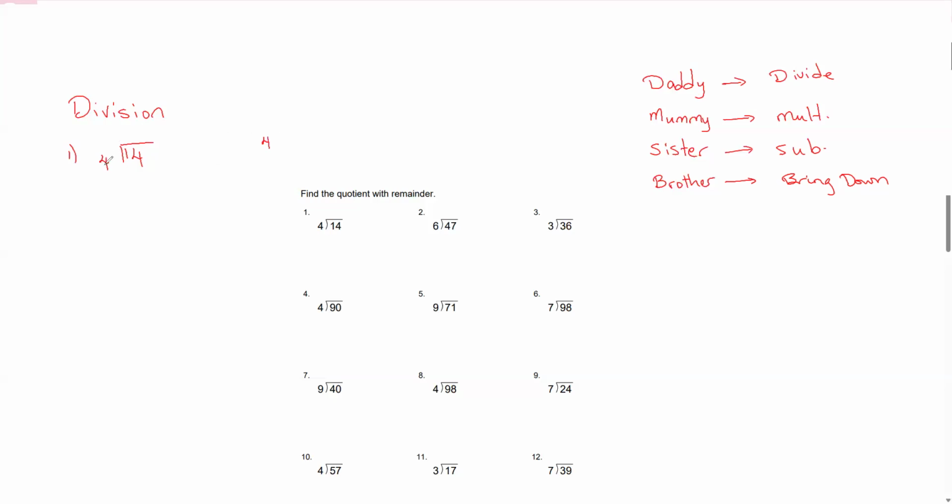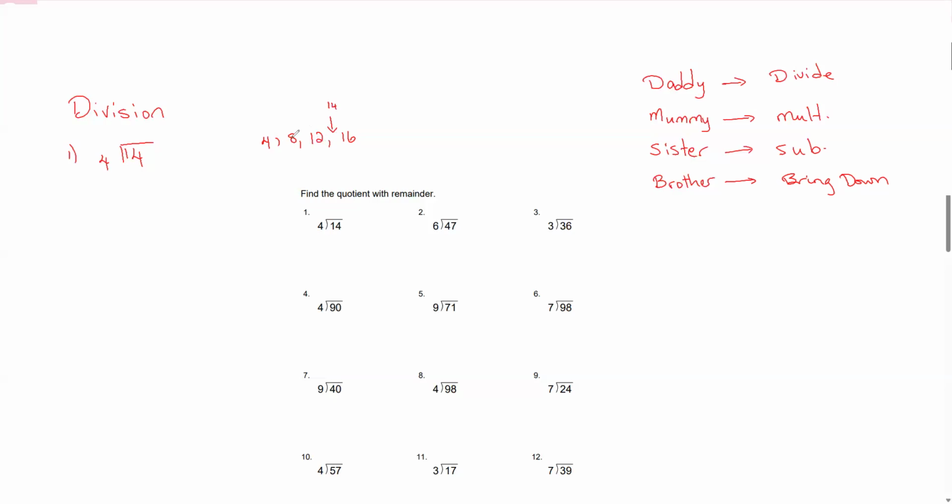So if we're dividing 4 into 14, we're going to look at the 4 times table just up to or past 40. So 4 times table, 4, 8, 12. Remember, if you forget, just keep adding 4, 16. 14 is located in between 12 and 16.